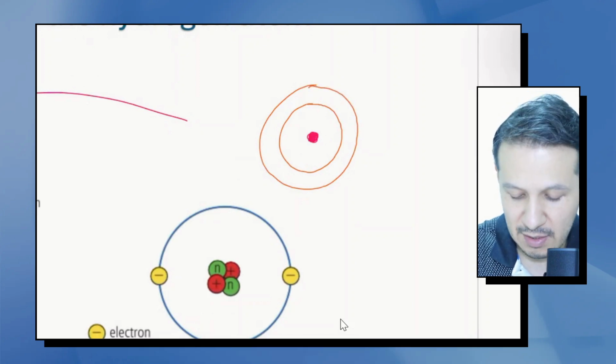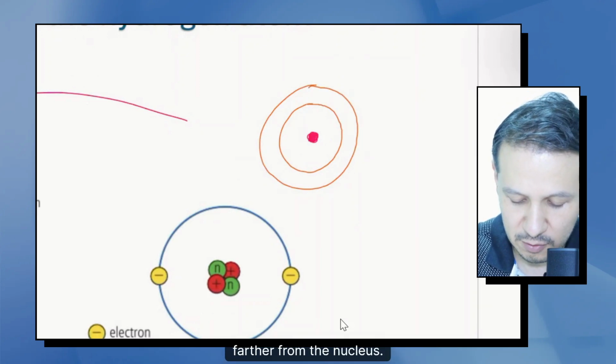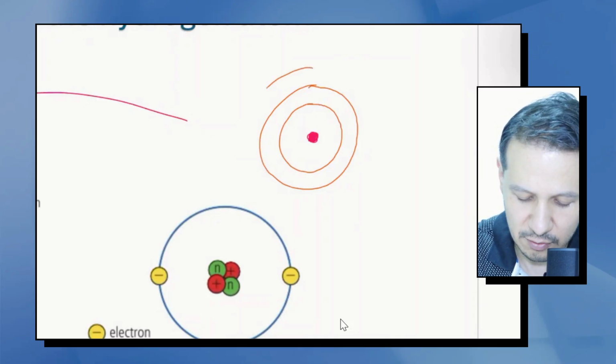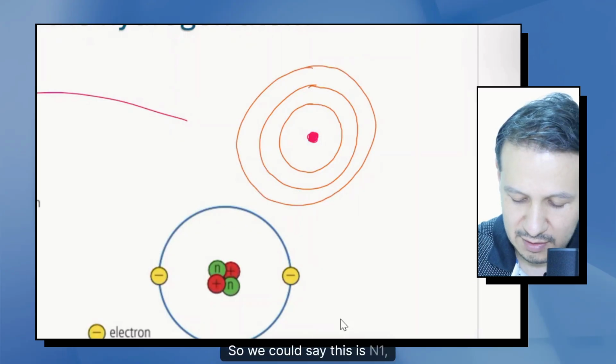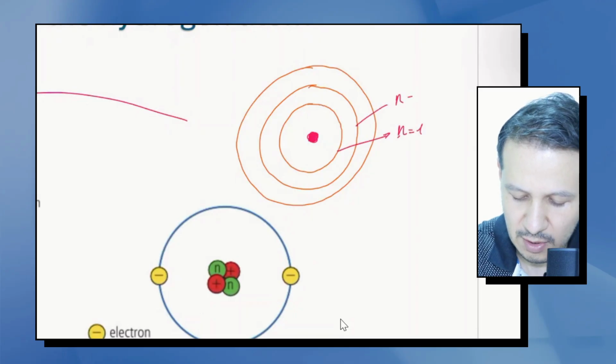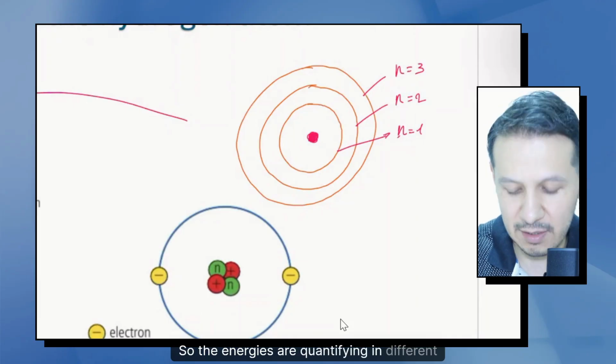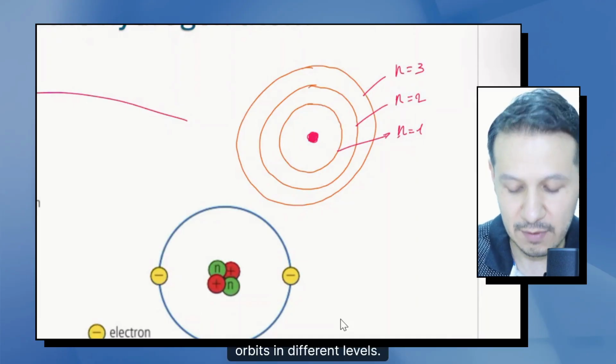That's why it is farther from the nucleus, and there will be another orbit here with another energy. So we could say this is n1, this is n2, and this is n3. The energies are quantized in different orbits, in different levels.